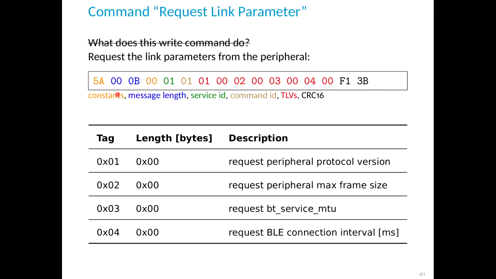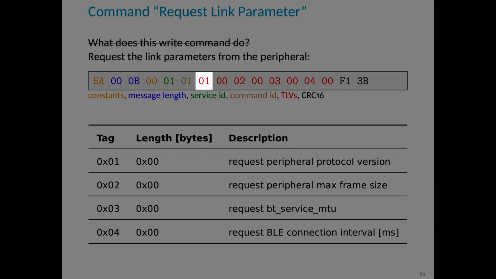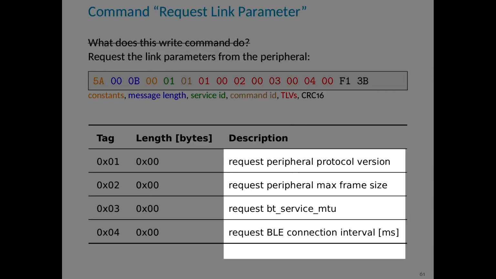So in orange we have constants, in blue we have the message length, in green we have the service ID, in brown we have the command ID, and then we have the data here, or the TLVs. And afterwards we have the CRC over the complete message. Here you can see the tags. It's quite simple: the first one has a length of null, the second tag has a length of null, and so on. To find out what exactly these tags are about, you have to analyze the source code.